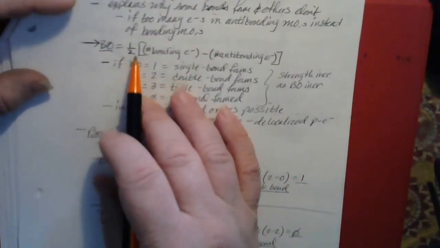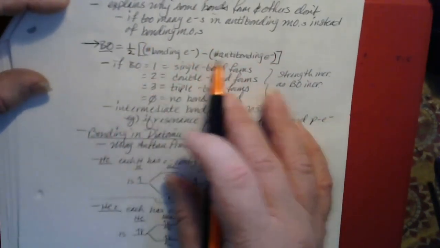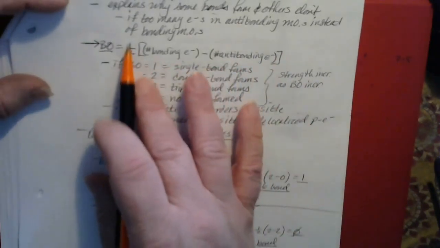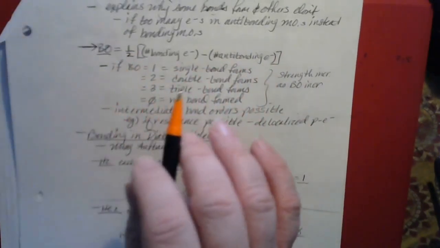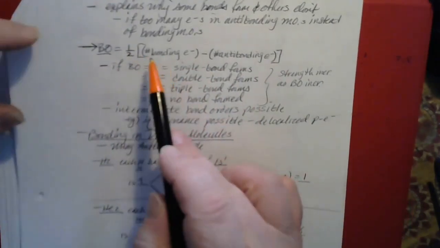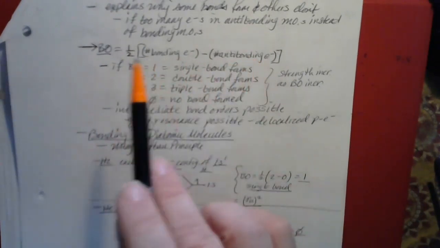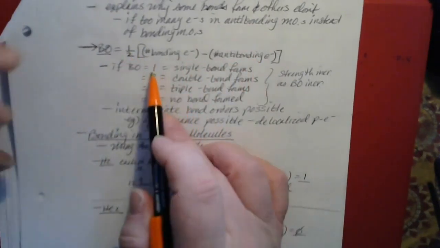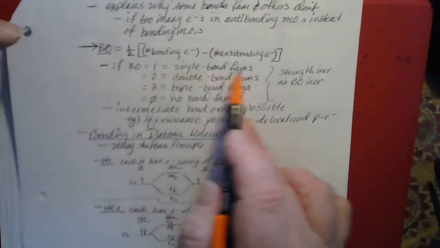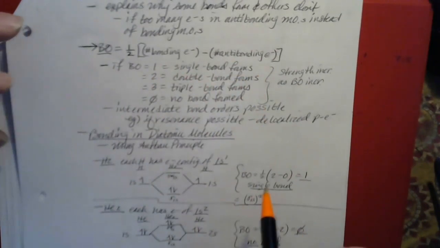Mathematically, bond order is equal to 1/2 of the number of bonding electrons minus the number of anti-bonding electrons. And the reason it's done like this with 1/2 is that it makes the result meaningful. So if you take bonding electrons minus anti-bonding electrons and divide it in half, then if the bond order is 1, that means that not only does the bond form, but it's a single bond.